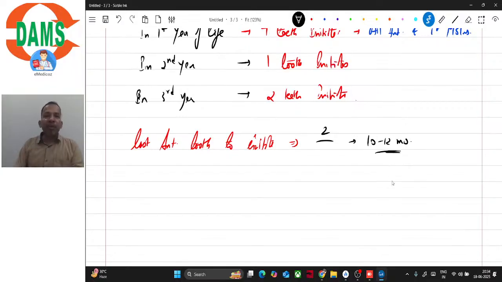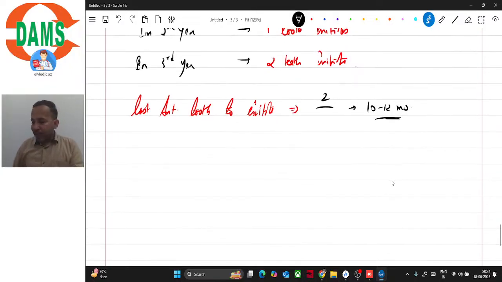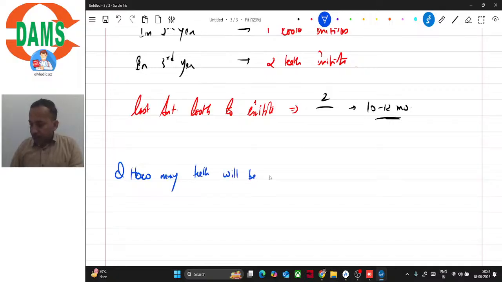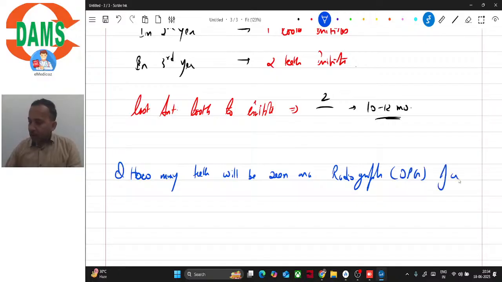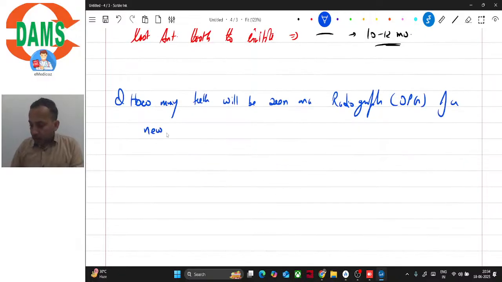So based on whatever we have studied so far, if I ask you how many teeth will be seen on a radiograph, that is, let's say OPG, of a newborn child.